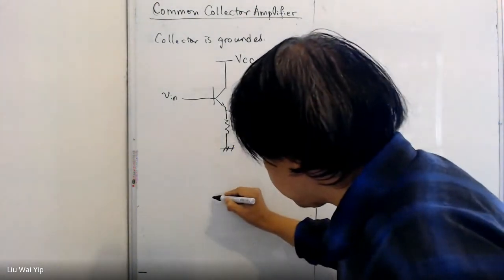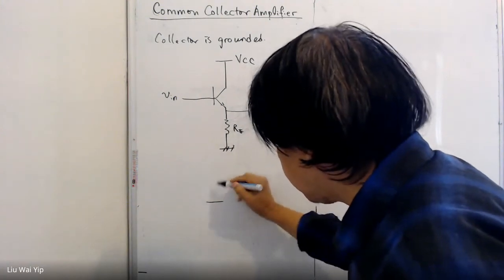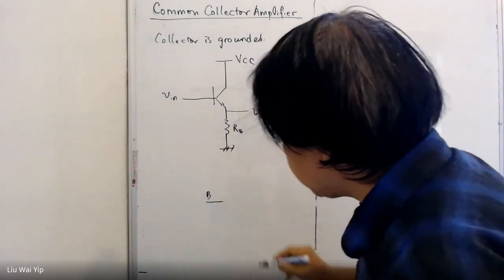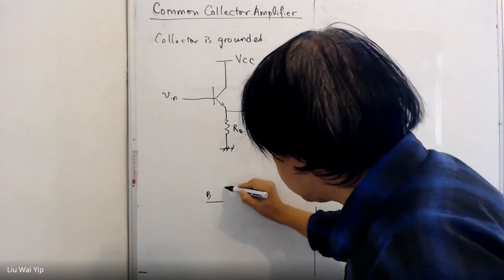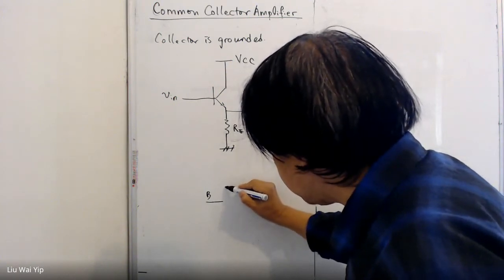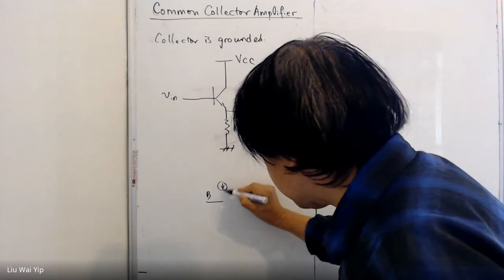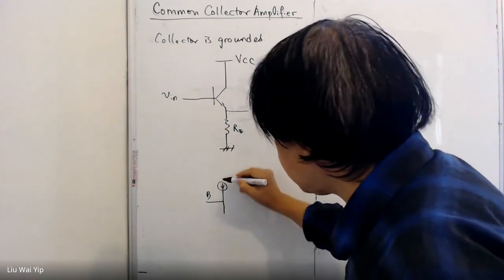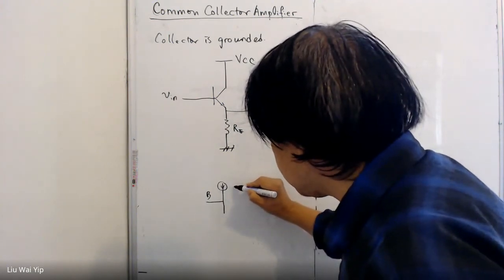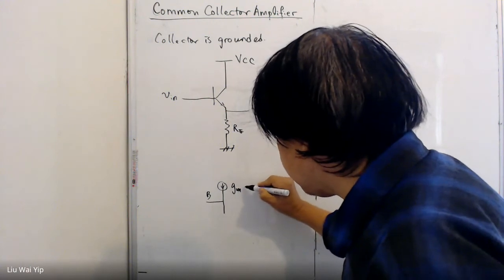So we can start with the T model with the B terminal here, and then we have a current source here. This current source is gm times VBE.